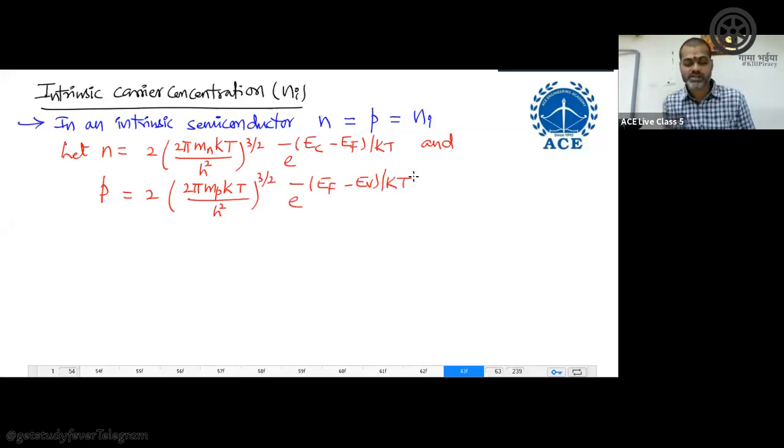You can see very clearly that in the constant terms, the effective mass of the electron is present because you are calculating for the electron. The effective mass of the hole is present because you are calculating for the hole. Now you multiply these two. So N into P is equal to, you can see very clearly, this is going to depend on temperature.